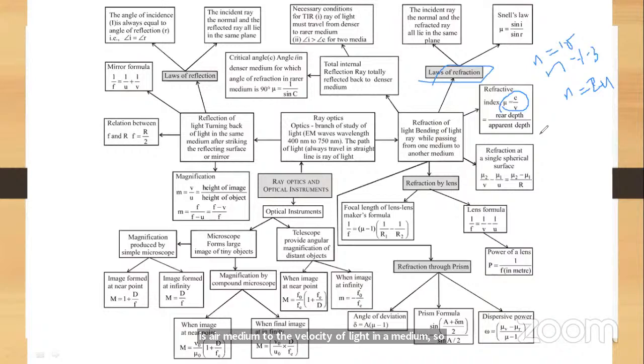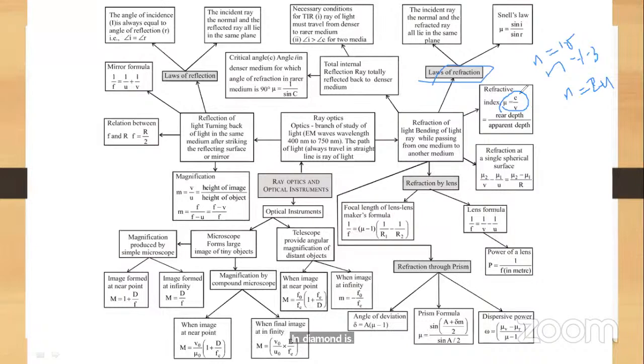If we consider absolute refractive index, we compare the speed of light in the medium with the light speed of 3 lakh meters per second in vacuum. The velocity of light is different in different mediums: in diamond it is different, in water it is different, in glass it is different.